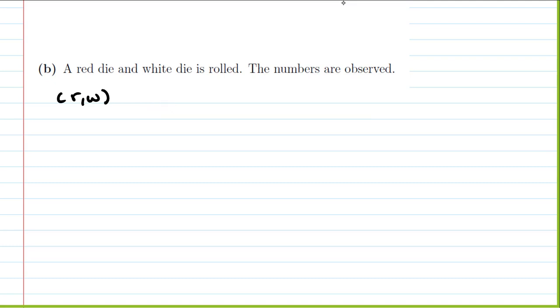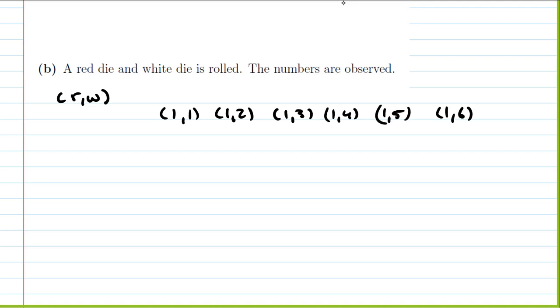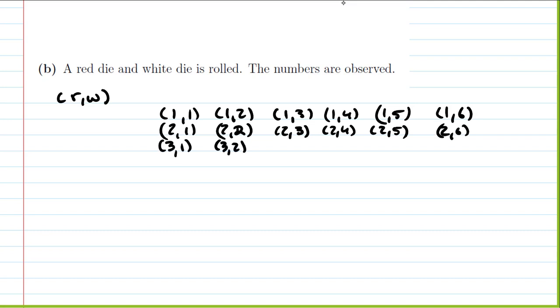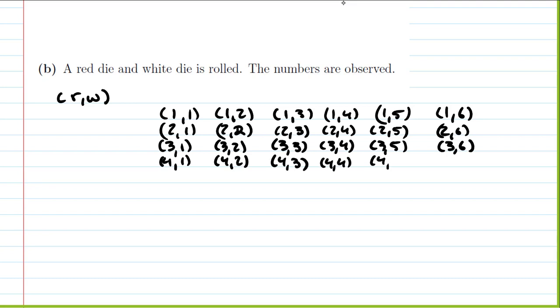if we have each of our rolls, it would be possible then to have a 1,1; 1,2; 1,3; 1,4; 1,5; 1,6; and 2,1; 2,2; 2,3; 2,4; 2,5; 2,6; 3,1; 3,2; 3,3; 3,4; 3,5; and 3,6; 4,1; 4,2; 4,3; 4,4; 4,5; 4,6; 5,1; 5,2; 5,3; 5,4; 5,5; and 5,6.